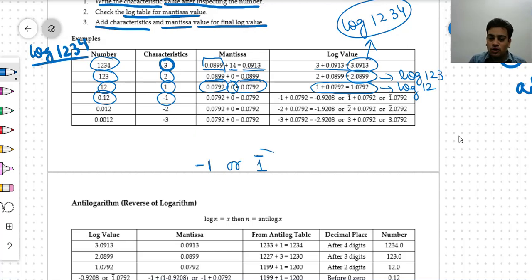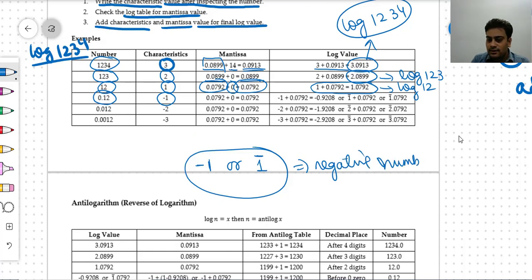Both represent negative values. Negative numbers we represent by putting a bar on the number. Clear? So this is your process of writing the negative part.